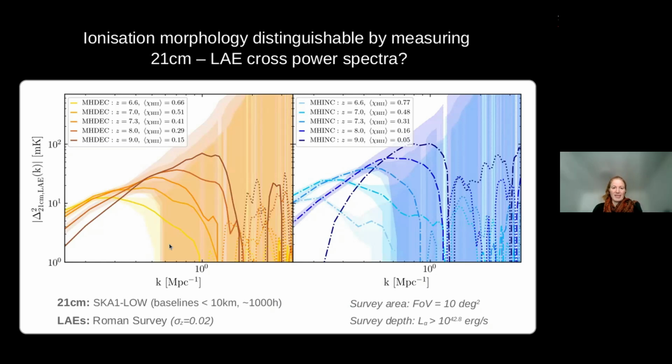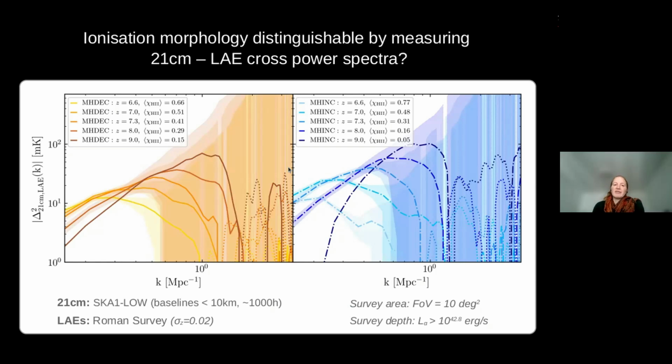And I think what you immediately can see is that it will be hard to detect scales where we can trace a typical size of the ionized regions, and we will mostly rely on the large scale power.